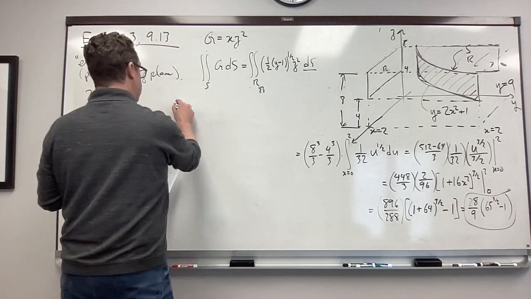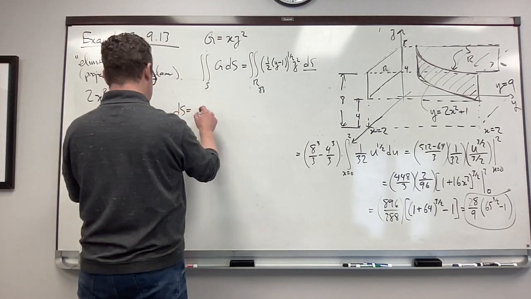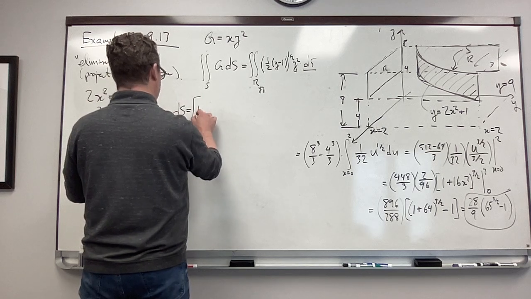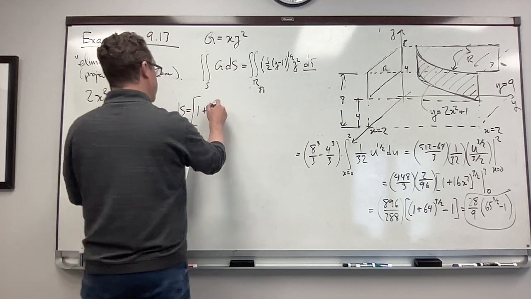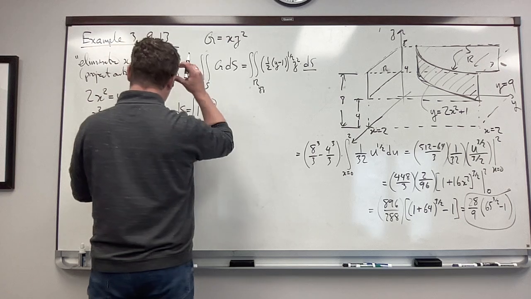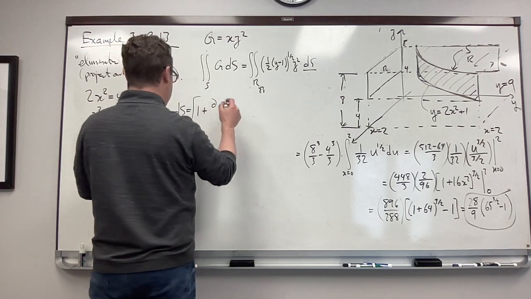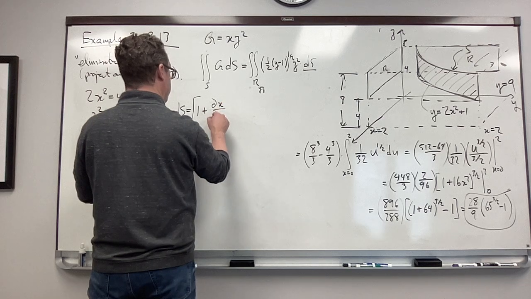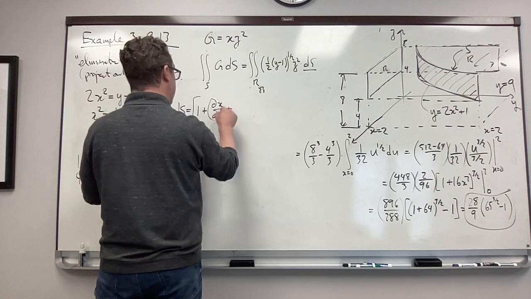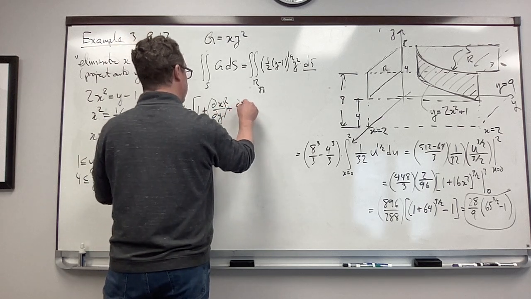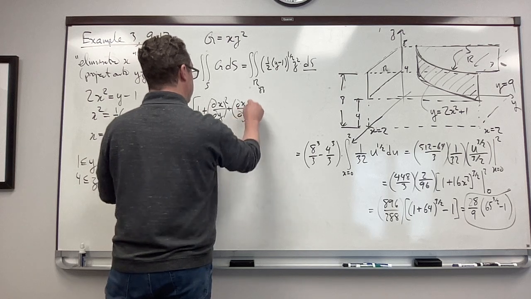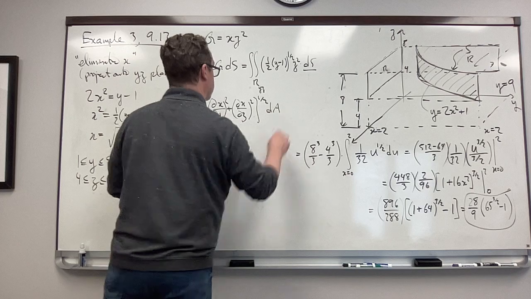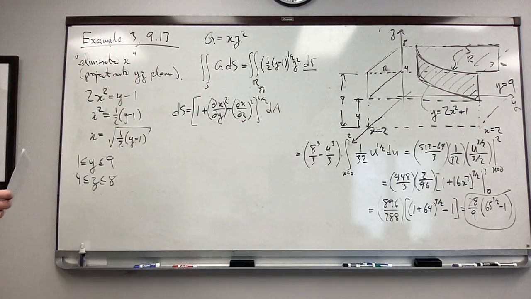So ds would be 1 plus the partial of our h function, which is x as a function of y, squared, plus the partial of x as a function of z squared, right? So that's what we're going to have for ds.